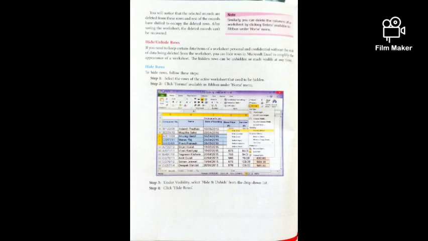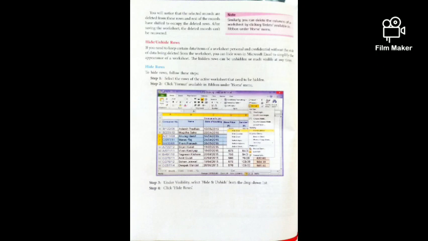Now we are going to talk about hiding and unhiding rows. Hide means the row will still be there in your worksheet, but you don't want to show it to people. So then you hide the row. Similarly, if you want to unhide, meaning after hiding you want to get it back, then you unhide the rows.